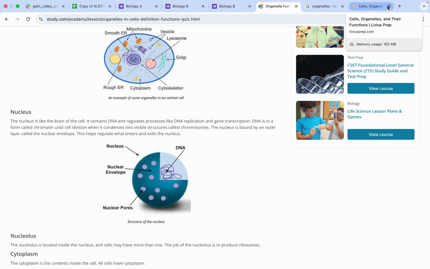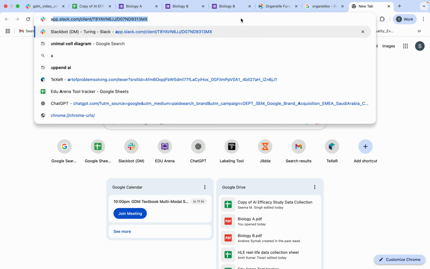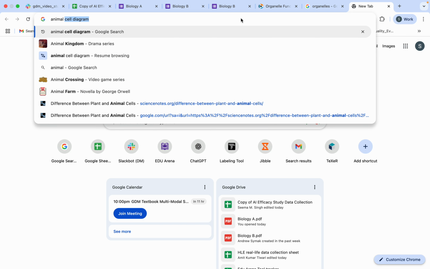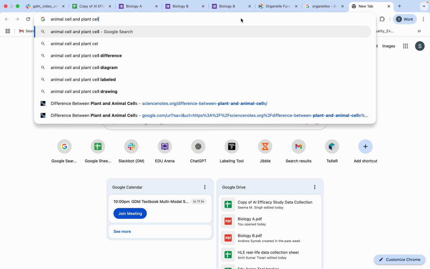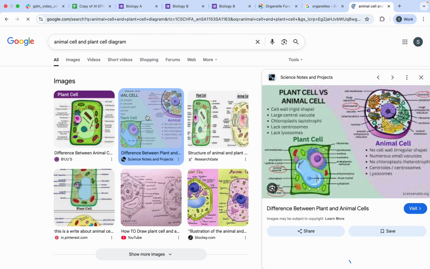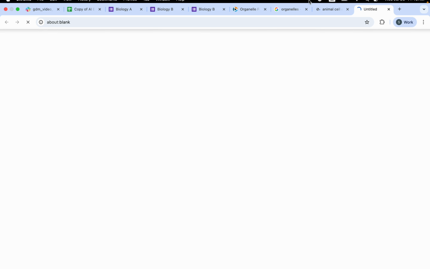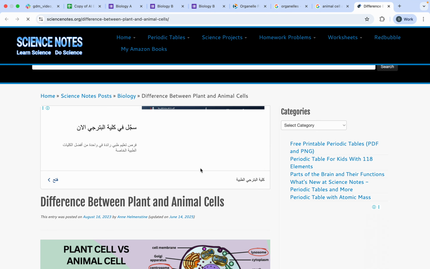So let's check the difference between animal cell and plant cell. Plant cell diagram. Yes. Okay.